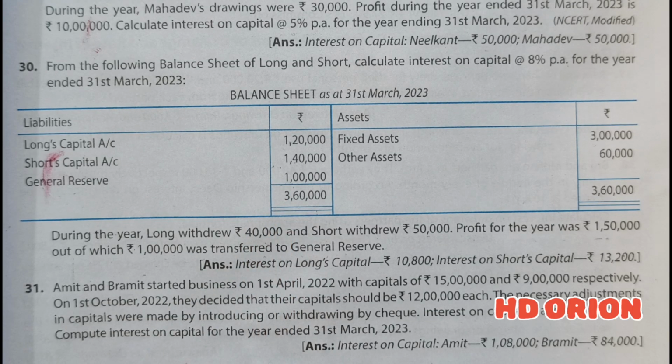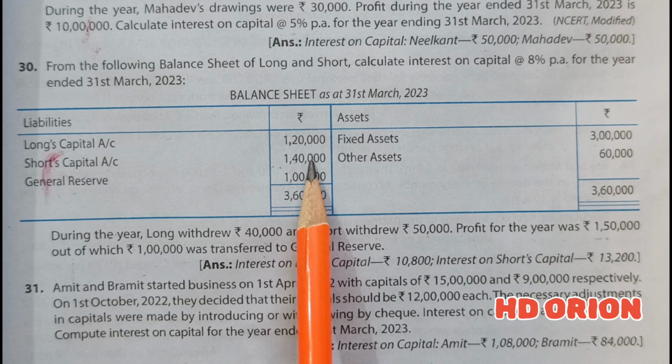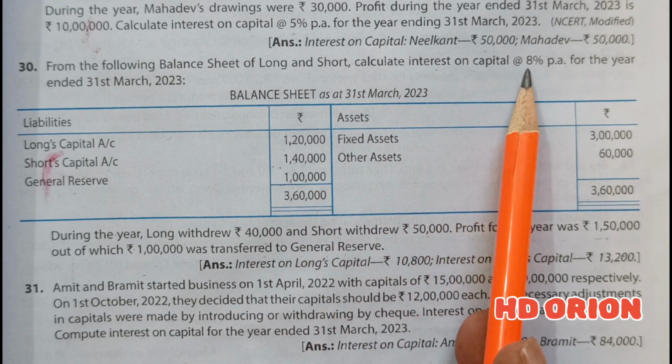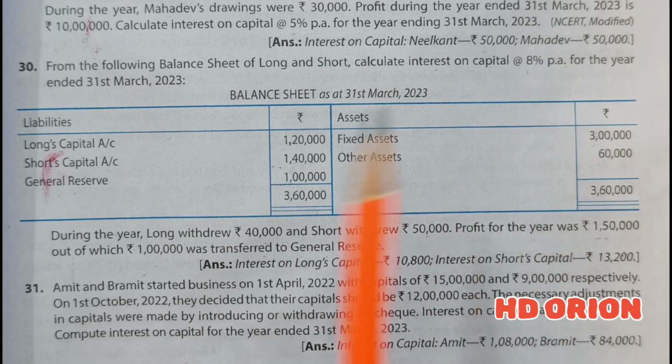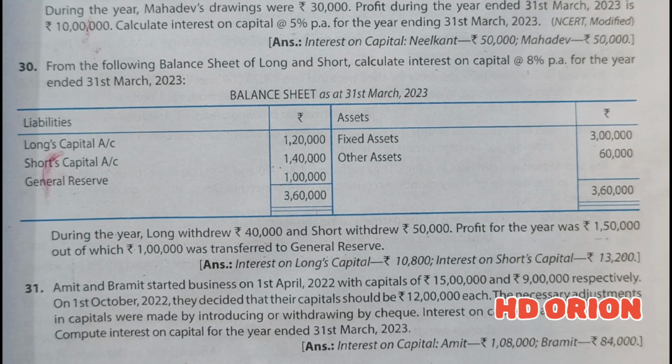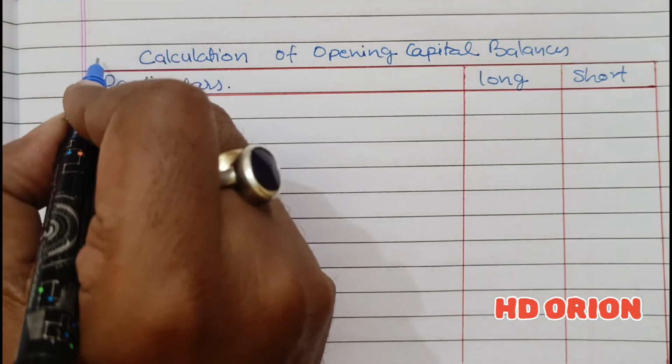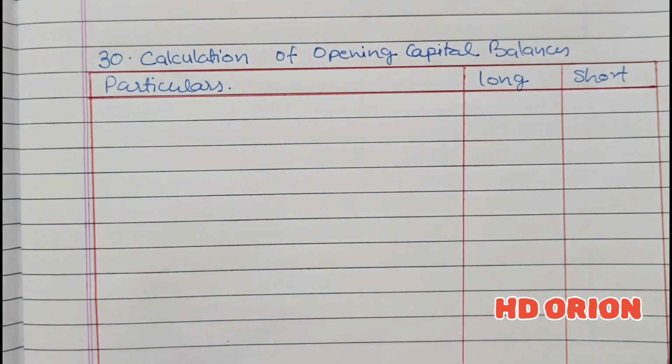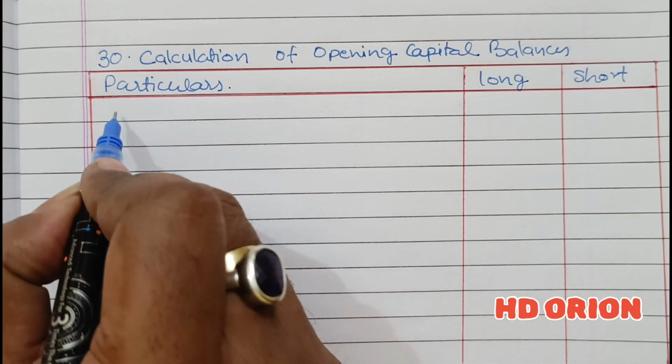Fine. So we will have to calculate opening capital balances of both the partners because these are the closing capital balances, and then we have to calculate interest on capital at the rate of 8% per annum. So let us see the solution. Solution 30. First we will write closing capitals.